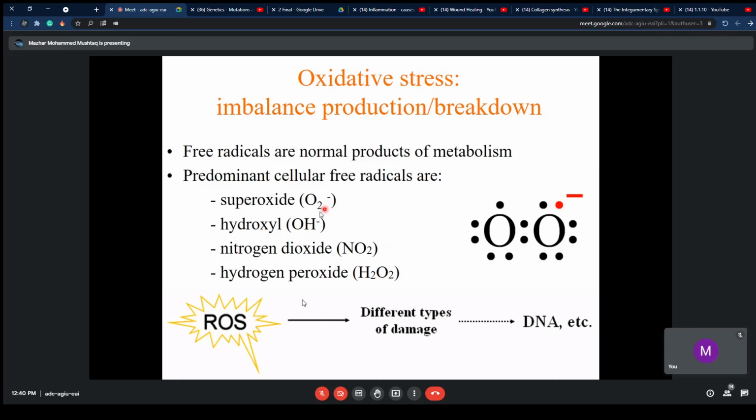In this ROS form, it is so reactive that anything that comes near it, it will convert into something abnormal. So those enzymes are taking care of these. They are present in our body, some extracellular, some intracellular, but they are present in almost all the organs.